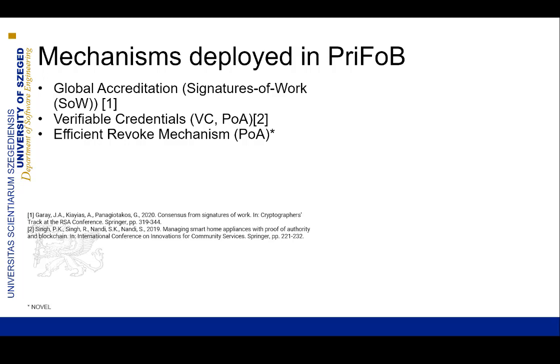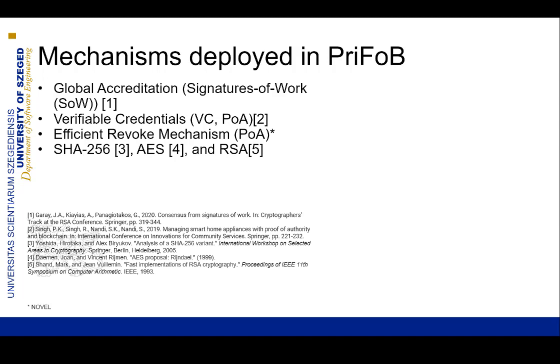In a DAG-based ledger, we would have a graph, a directed acyclic graph, and we proposed a three-dimensional DAG-based ledger. Using this novel approach, we could realize an efficient revoke mechanism using the proof of authority and this 3DDL without the need of saving the credentials on chain.